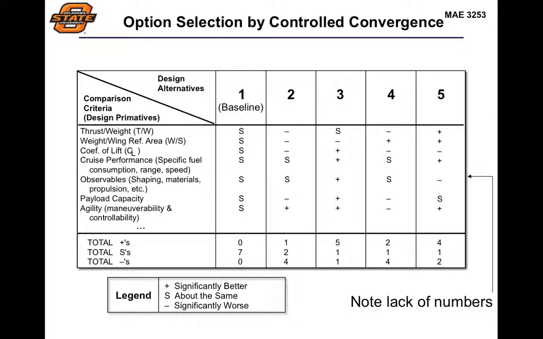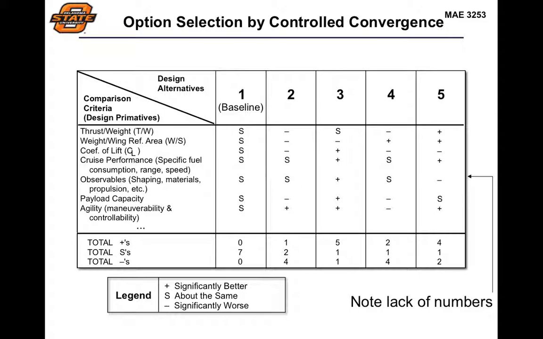So here's an example. Again, not looking at any particular design. We have design 1, 2, 3, 4, 5. In this case, we're choosing design 1 as a baseline. This is usually pretty useful if you already have a concept in mind, or you're comparing it with another design. So you can think about this as an evolutionary process.